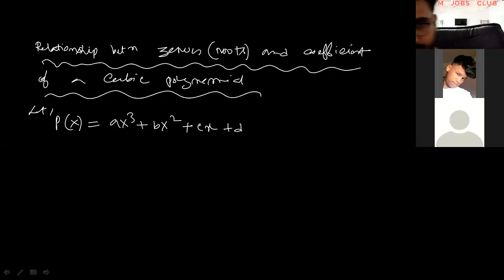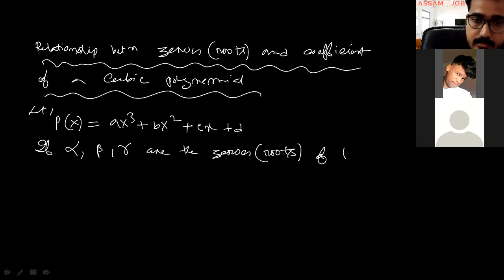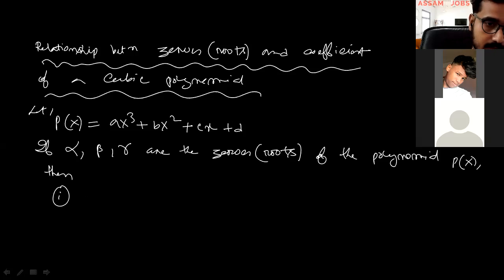Now see, since it is a cubic polynomial, it has three solutions. So write down: if alpha, beta, and gamma are the zeros or roots of the polynomial p(x), then alpha plus beta plus gamma will be minus b by a.